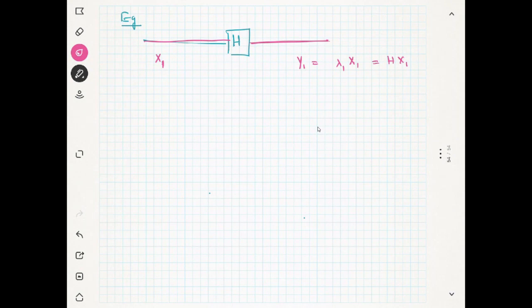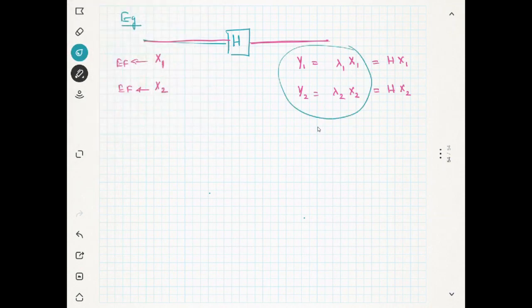Yes, sir. If you have an eigenfunction, all are eigenfunctions. This is a vector with two eigenfunctions. Now y2 will be equal to lambda 2 into x2, which is h into x2. So you can see this is my output.